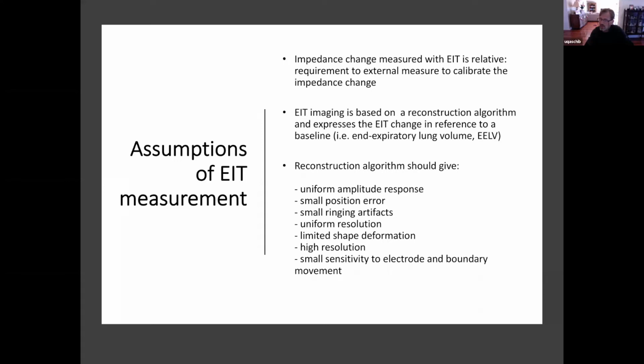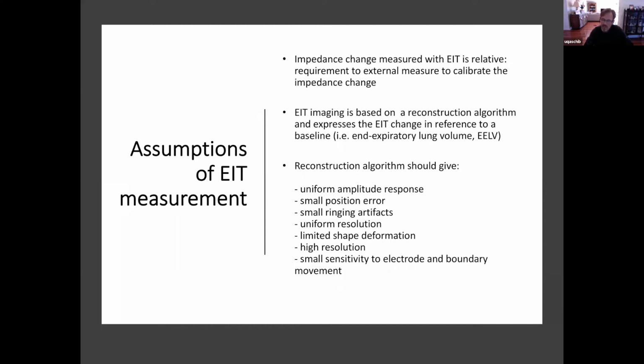So if someone lies on the left or on the right side or in prone or in supine position, the chest cavity changes in its configuration, and EIT doesn't take that into account. Resolution can be achieved with more electrodes around the chest, but it becomes very cumbersome to apply these electrodes. And there's a lot of problems with electrodes interfering with the skin.